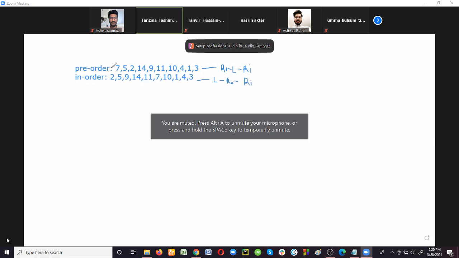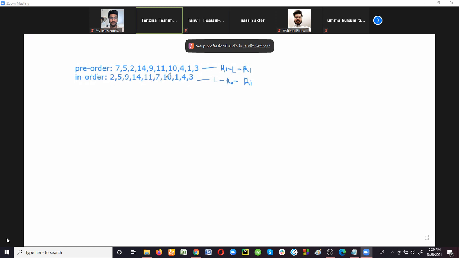So from pre-order, look at the in-order traversal sequence. From this sequence, it's not possible to identify the root node because we don't know the length of the left subtree or the right subtree. But from the pre-order sequence, we can say that 7 is the root node because the ordering is root, left, right. So now we can take 7 as a root node, isn't it?